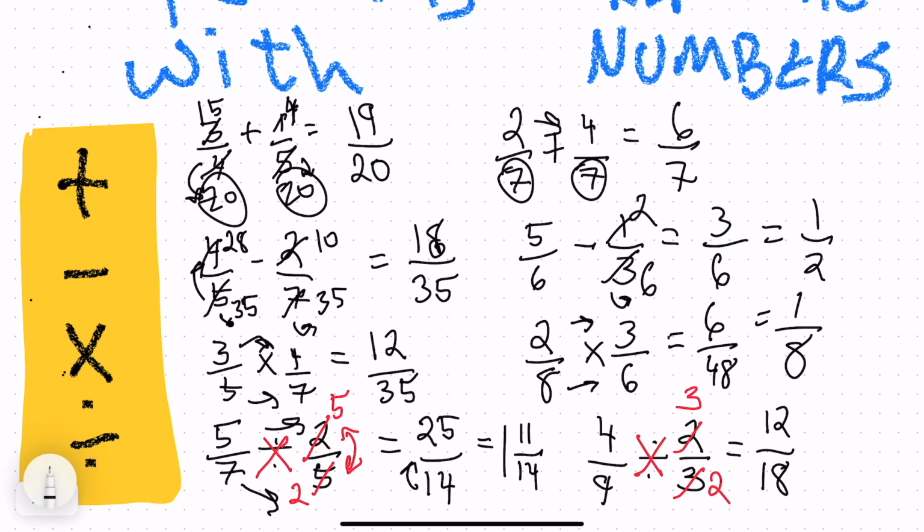But notice here that both of these numbers on the top and the bottom are even, and I know that we could divide them by at least 2, so let's start with that. So 12 divided by 2 is 6, 18 divided by 2 is 9, but look here further, both 6 and 9 can be divided by 3, so 6 divided by 3 is 2, and 9 divided by 3 is 3, and we're left with 2/3.